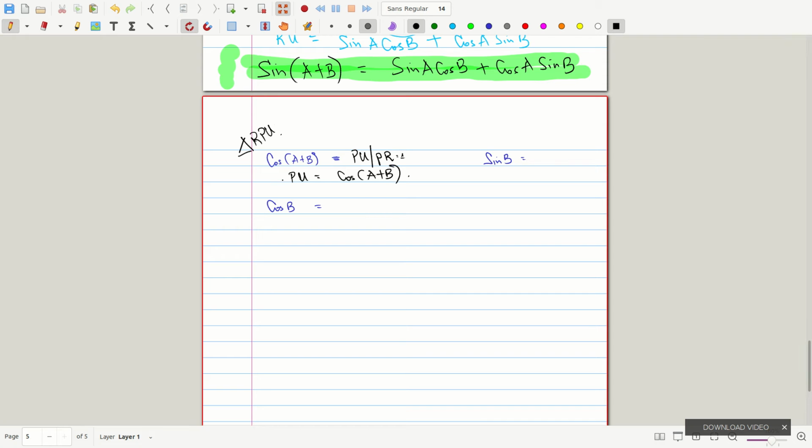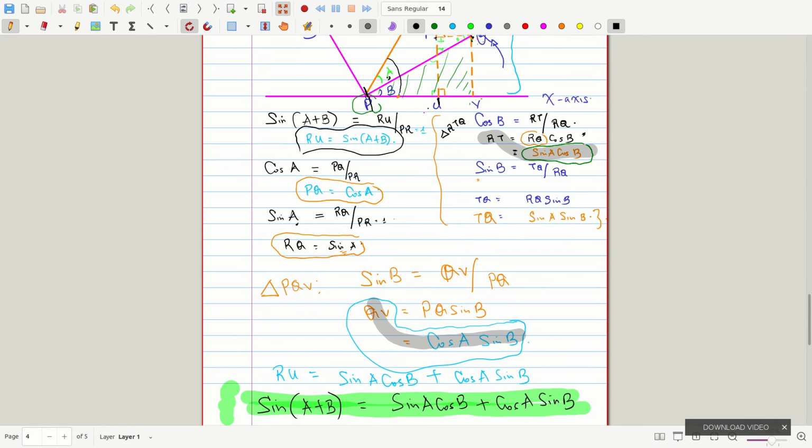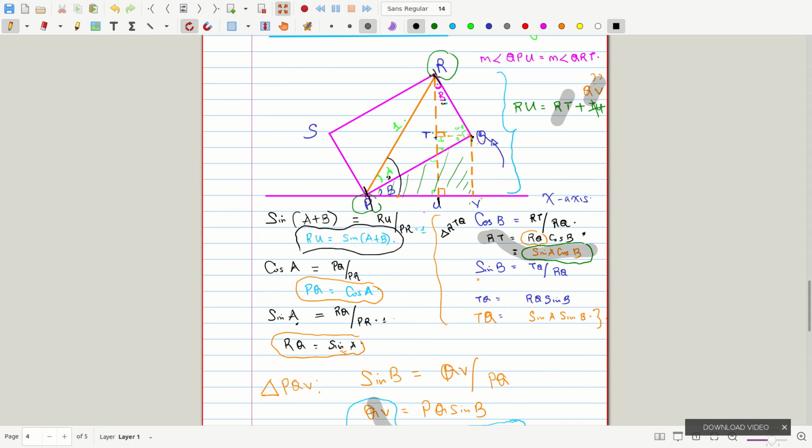That means we are now going to look for the expression of PU. What is PU equal to? We are going to get this length PU as a sum of PV and negative UV, but we realize that UV is the same as QT.